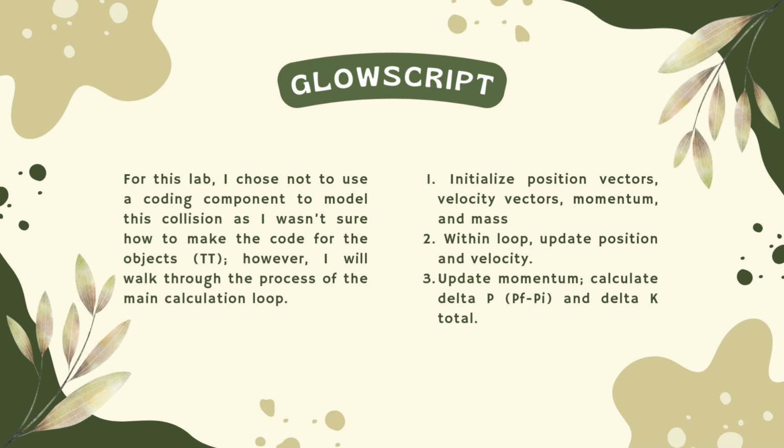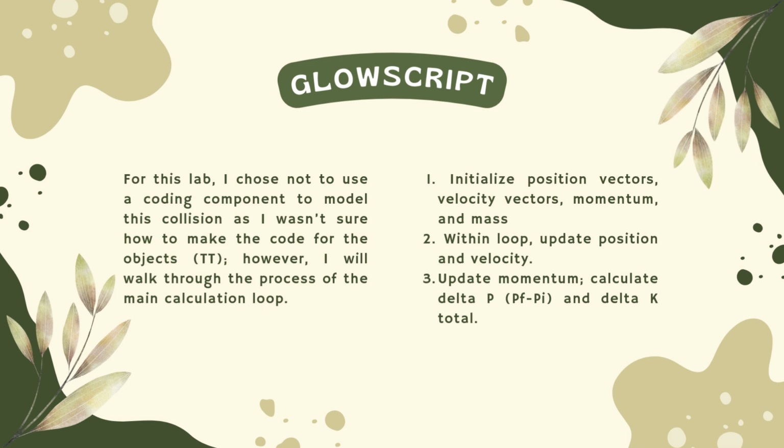I did not choose to use a coding component for this lab. However, if I were to, I would have to initialize the position vectors and then the velocity vectors, momentum, and mass. I'd probably just search up the mass of a regular cue ball or object ball. Then the initial momentum for the object ball would be zero, and the initial momentum of the cue ball would be based on whatever initial speed it had.